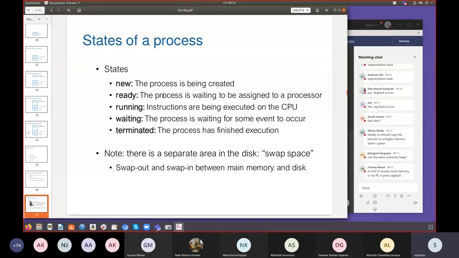So it is now ready for the processor. Running is actually the CPU is allocated to this process and instructions of this process are being executed. Next is a waiting state where the process is waiting for some event to occur. And then finally terminated, which is the process has finished execution.